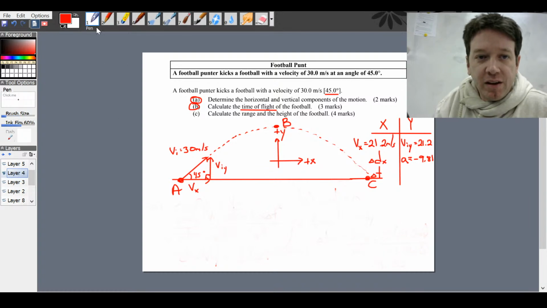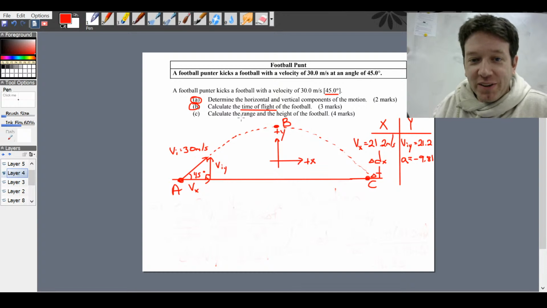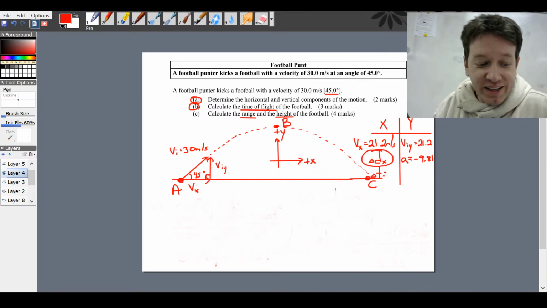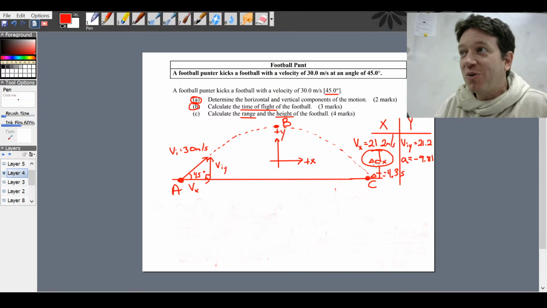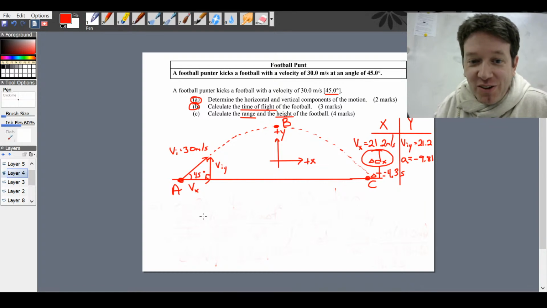All right. So part C, we have to calculate two things. One is the range, and one is the height. The range is fairly simple. It's delta dx. And since I now know that time, which is what I just erased, but I remember 4.3 seconds, I can now use our equation in our x components to solve for that.